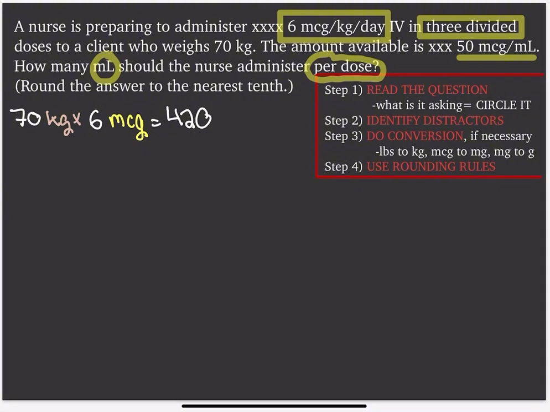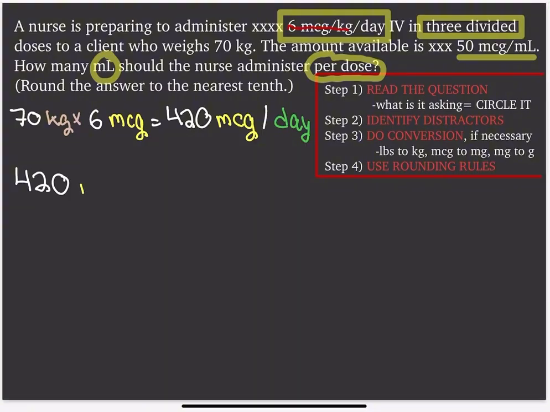And that gives us 420 micrograms per day. Okay, so we can cross our 6 micrograms per kilogram out of our hub because we used it. Now we're only left with per day. So there's 420 micrograms per day.